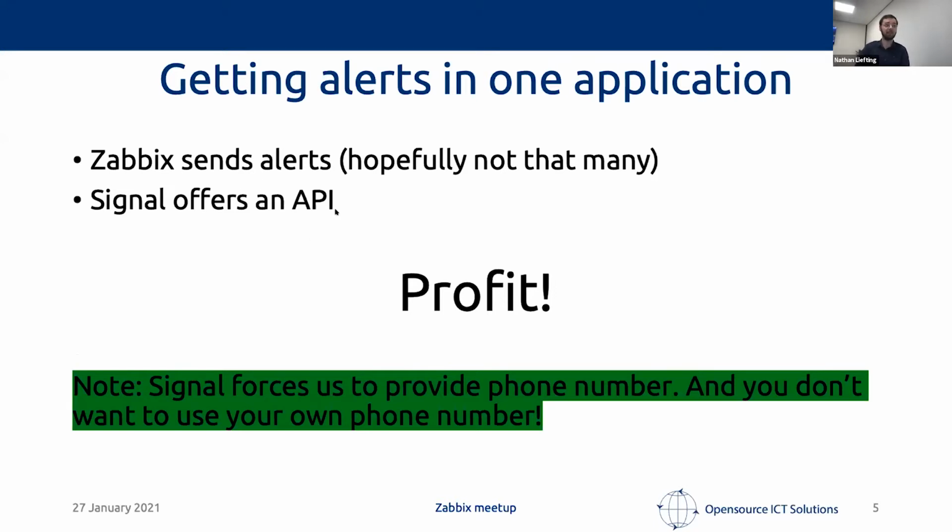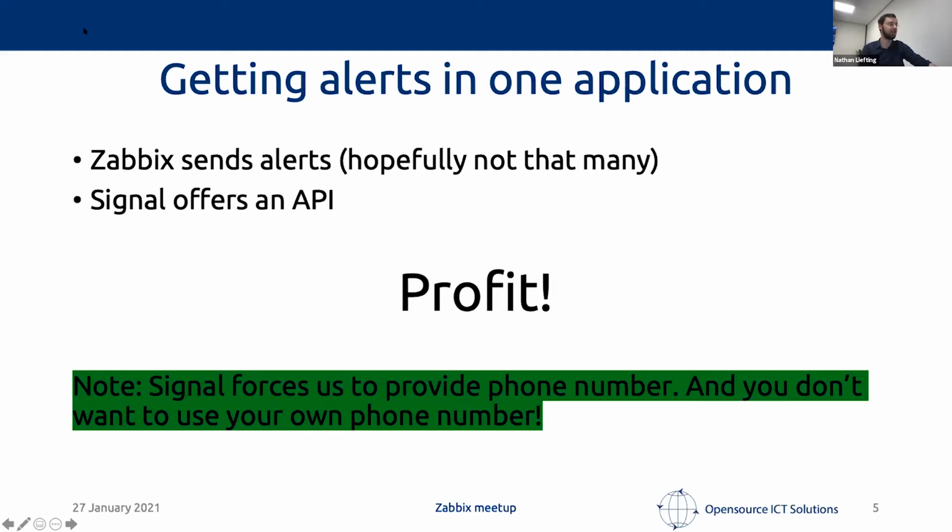This API is going to make sure that we can send our alerts from Zabbix to Signal so that we know what's going on with our Zabbix server, and we can see those alerts coming in on Signal. So that's going to profit us greatly.